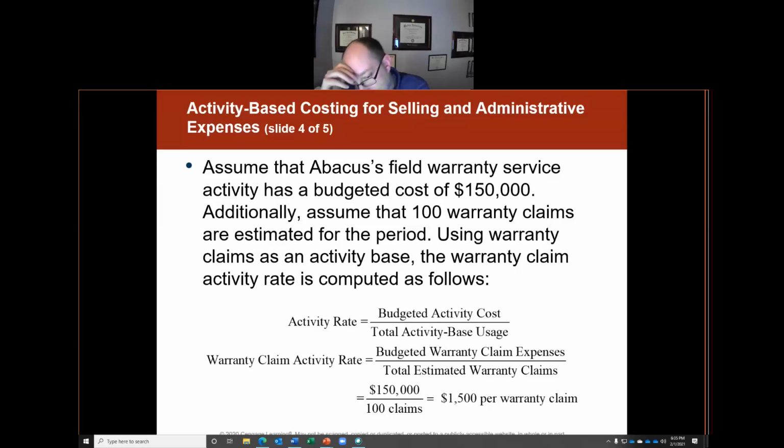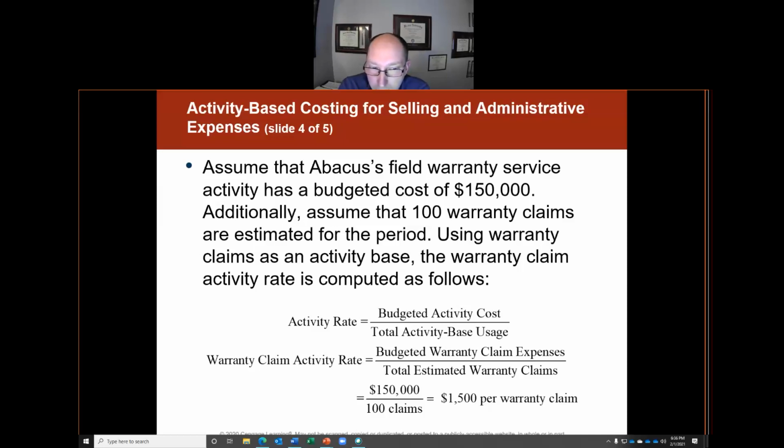So companies will budget that in their expenses, that there's going to be a certain amount that will be claimed. So the company budgeted $150,000 for warranties that will be claimed. We estimate that a total of 100 warranties will be claimed during the year.